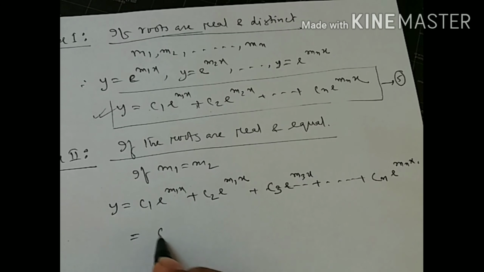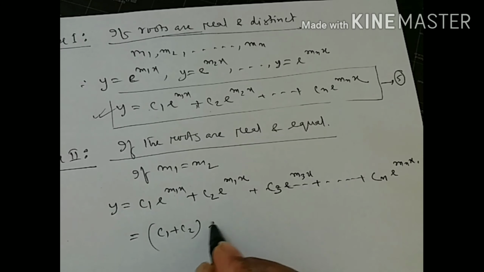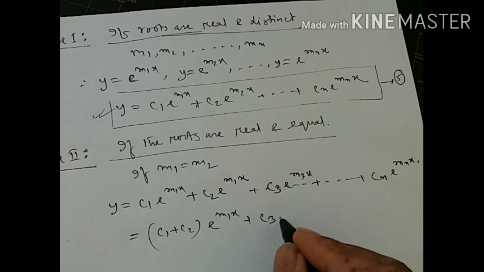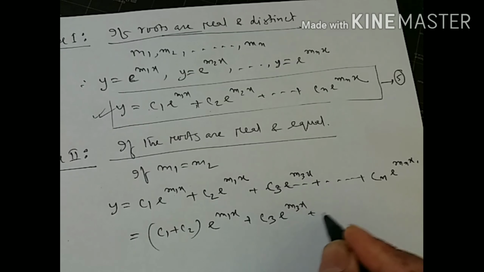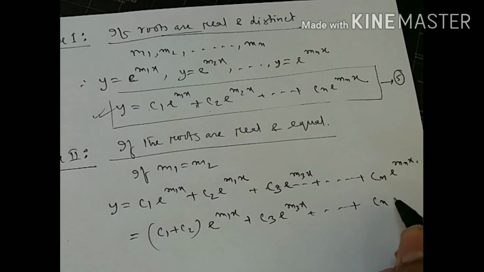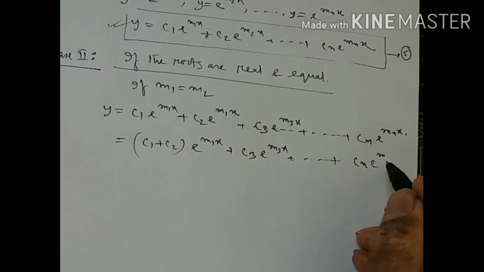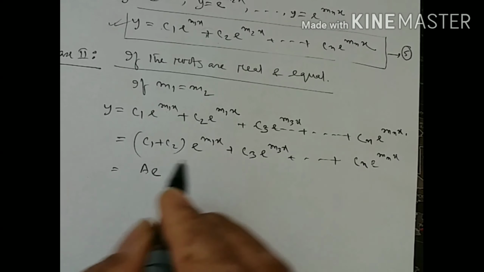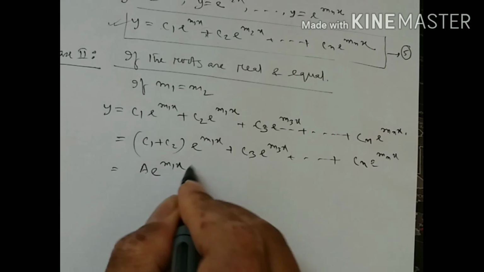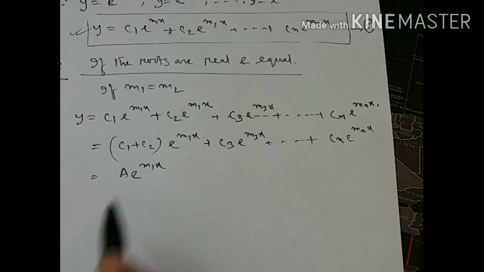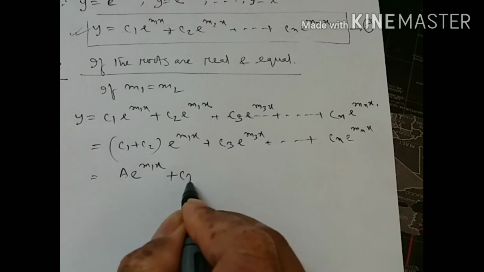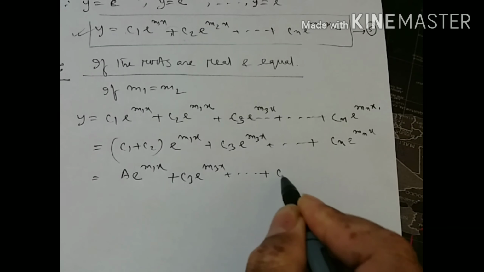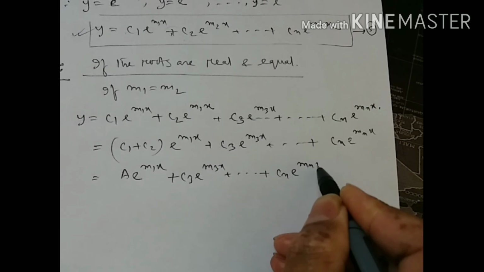From the first two terms we are taking e to the power m1x common, since here two roots are same. So we are taking these two constants equal to a, e to the power m1x plus c3 e to the power m3x up to cn e to the power mnx.